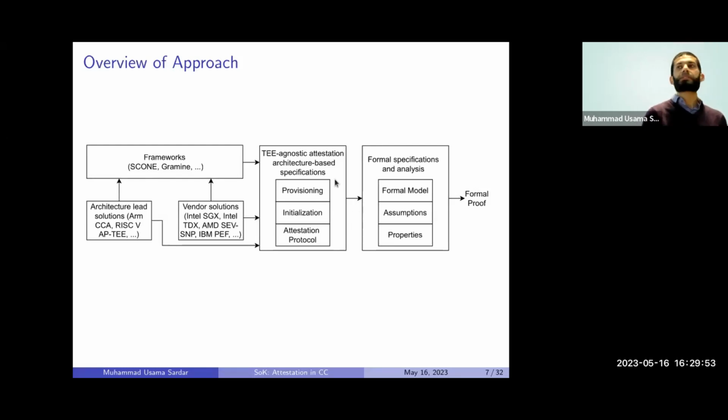And from these specifications, a formal model can now be created, and on the basis of that formal model, we can then reason about the security guarantees of these attestation mechanisms. So these will be analyzed via properties, as you know, and for the formal model, of course, we need some assumptions, and that's not actually a drawback of the approach.